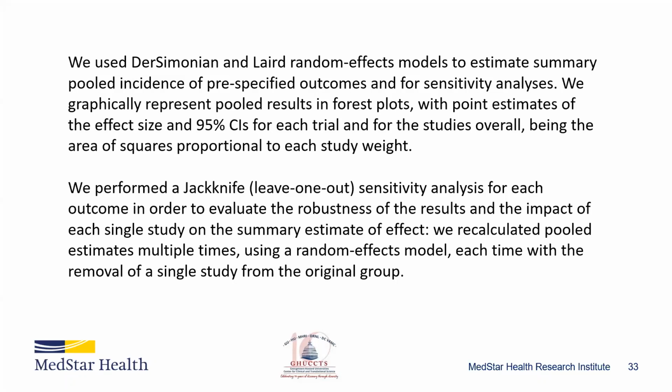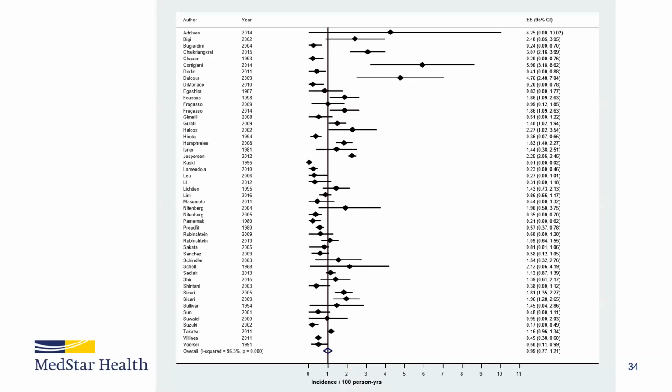So as I mentioned, a jackknife is done by leaving out one study and then recomputing the outcome, in this case, the incidence per person-years, to see if there's any one study that is affecting those results. So here is their forest plot. They had 54 studies.